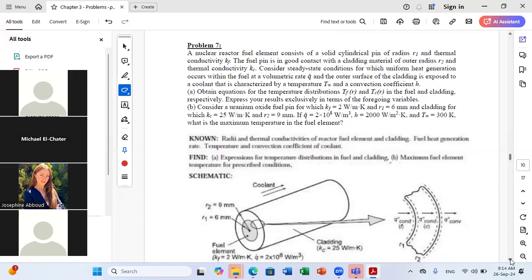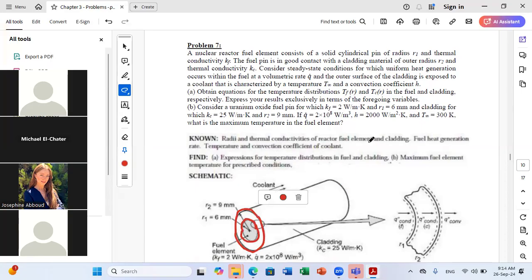So here, we just need to know that whenever you have two materials in contact, you have first the fuel element, and in the fuel element you have generation, okay? While in the outer annulus, the annulus that is covering the fuel element, you have pure conduction, okay?